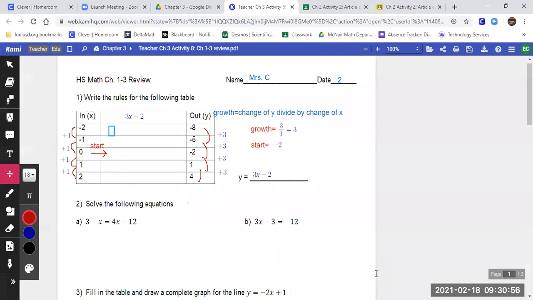That we do 3 times the x value and we subtract 2 from it. Yes, thank you, Janessa. So the first row would say 3 parentheses -2 minus 2. That would be the first row.